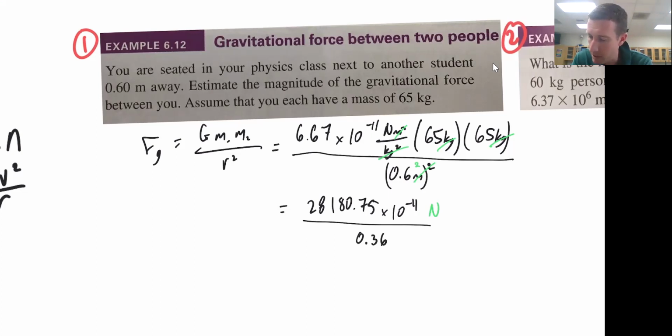I got rid of my meters squared, so that's good. Okay, so now if I want to move this decimal place 1, 2, 3, 4 over to 2.8, that would be 4 positives there. So a negative 11 plus 4 changes that into a negative 7.